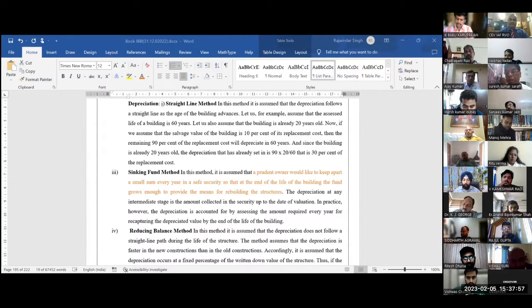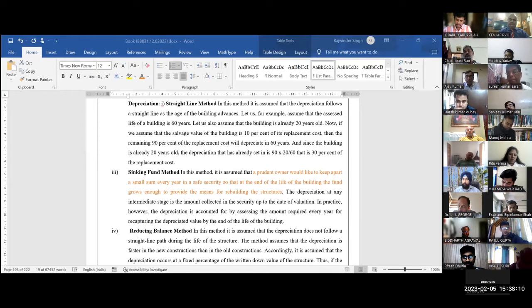If you are depositing 1 rupee in the bank at R% rate of interest, it will be equal to S. S is the cumulative sum of rupees 1 deposited every year at R% interest.